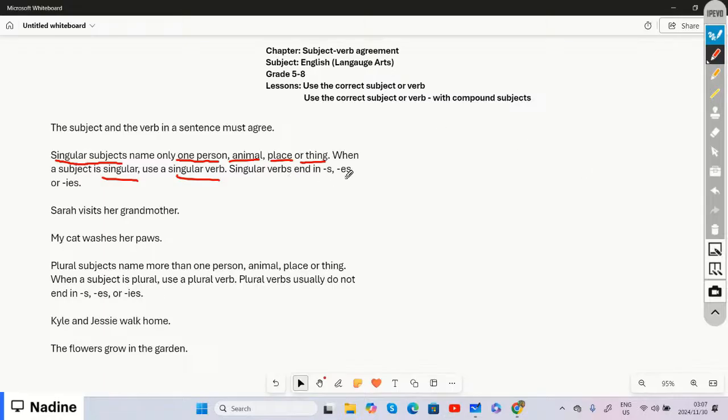And singular verbs end either in s, es, or even ies. Let's look at an example of a singular subject that uses a singular verb ending in s, es, or ies.